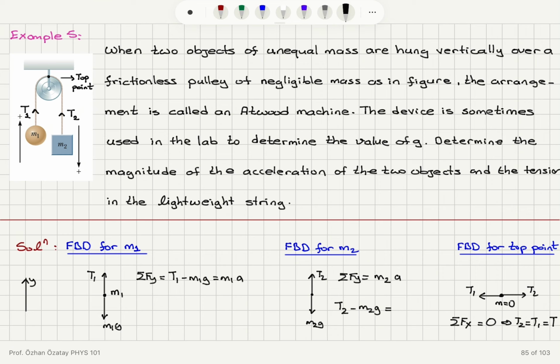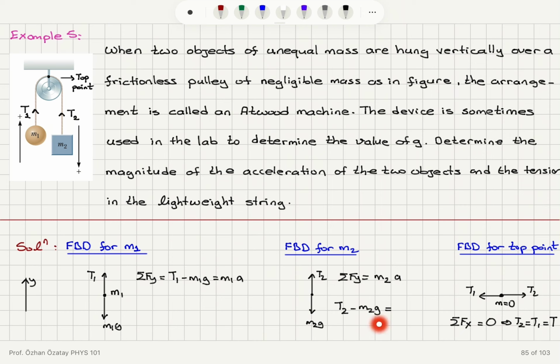So if I call this acceleration of this object M1 positive, you can see that acceleration is pointing up here in plus j hat direction. So here in this case the acceleration is pointing down, so it's actually the weight M2g minus T2 equals M2a.